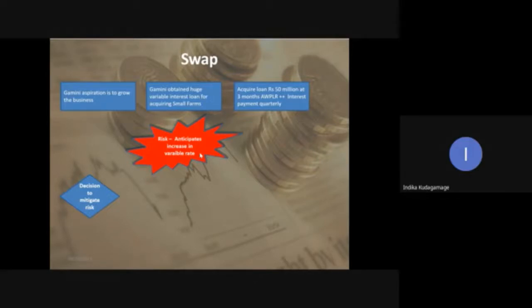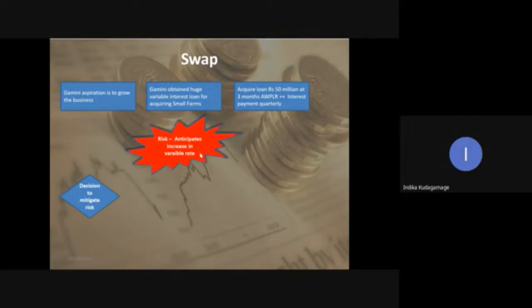After Gamini gets the loan, he is afraid that rates will go up. Right? He wants to fix the interest rate now. Since he has taken a variable rate, he can't fix it.